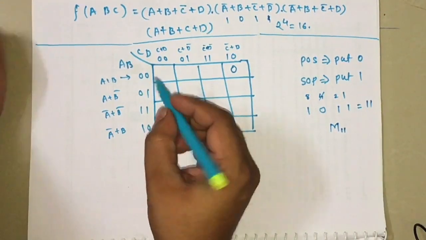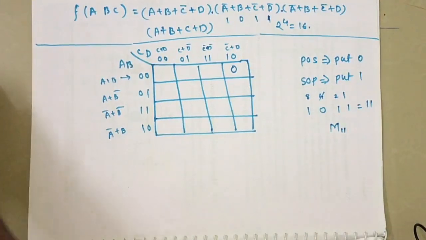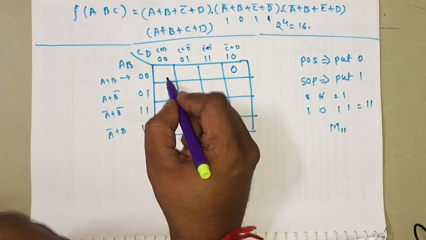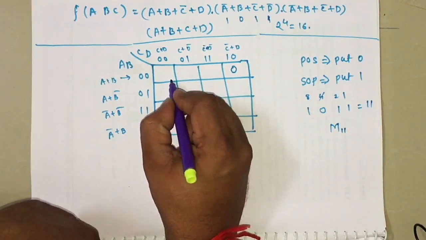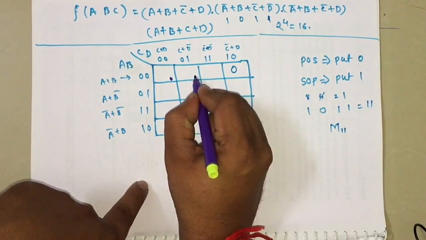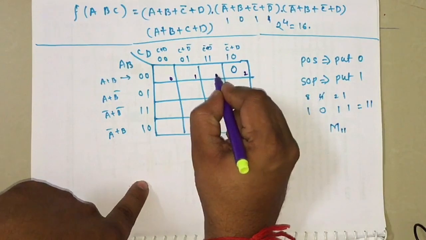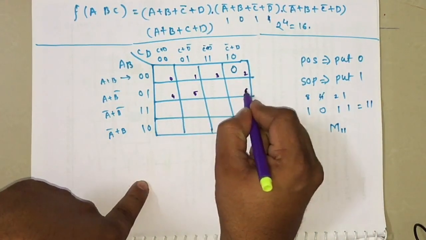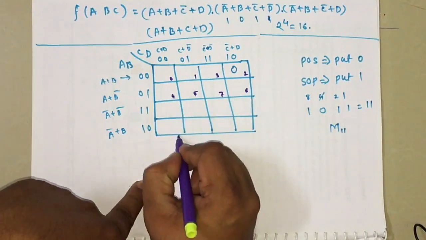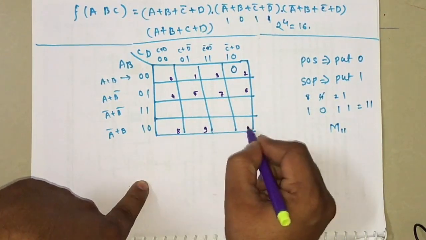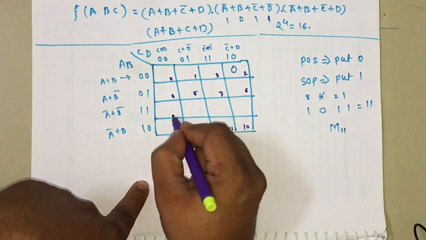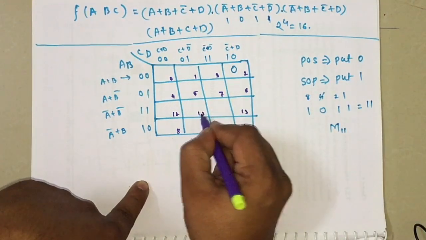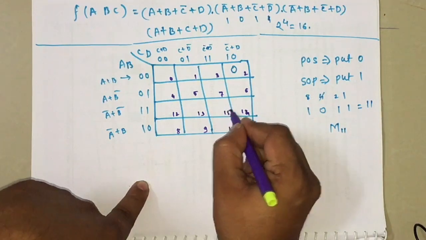So if we number it in the form of max terms, that is 0 1 2 3 4 5 6 7, this is 8, 9 10 11 12 13 14 and 15.